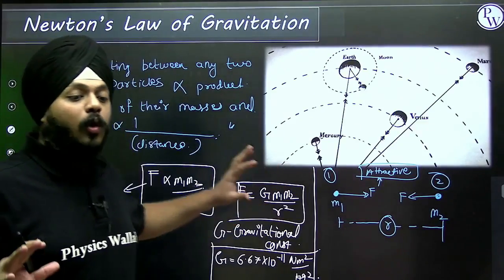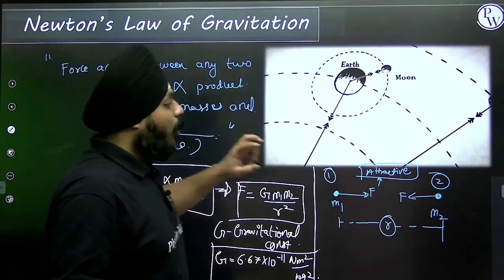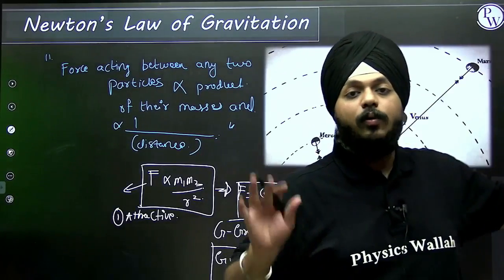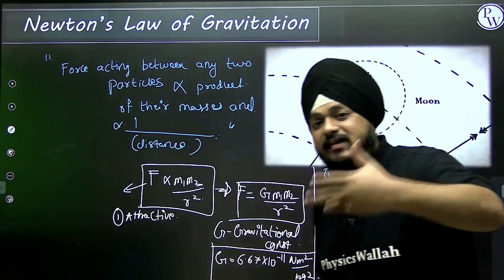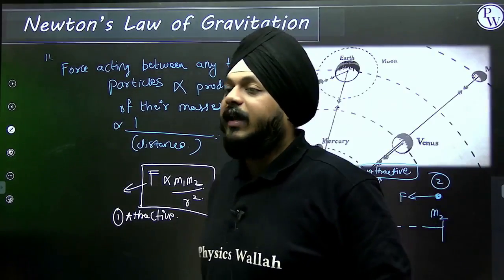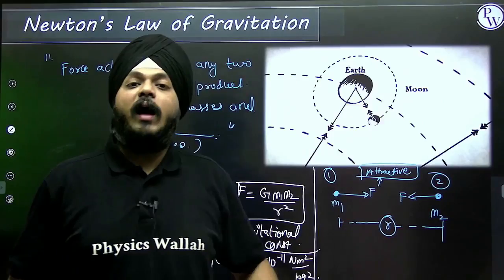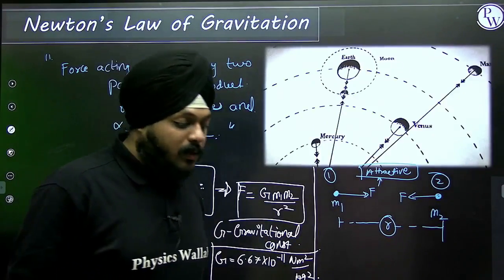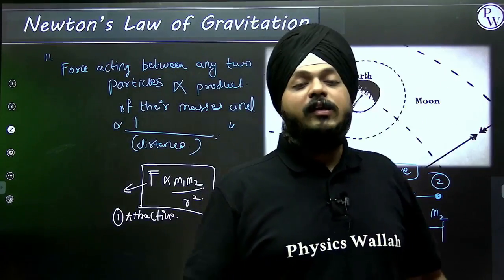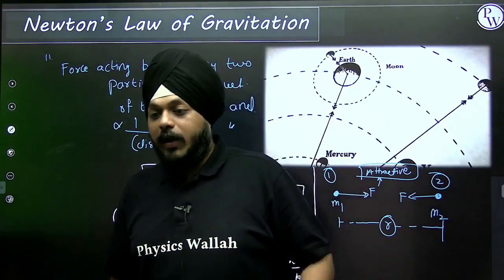So this is what Newton's law of gravitation is all about. There are some limitations of Newton's law of gravitation, some exceptions in it. There are lots of questions: how it is applicable in vector form, what the classification is, whether it is applicable to a rigid body or not.